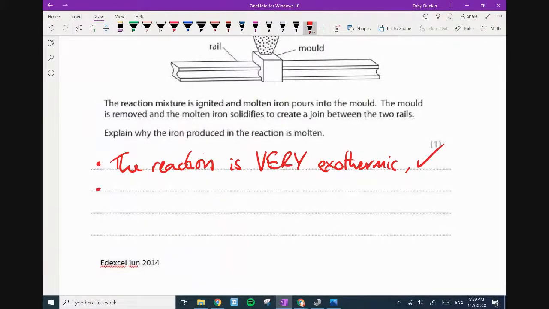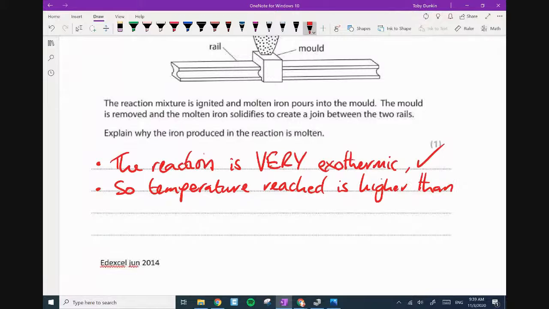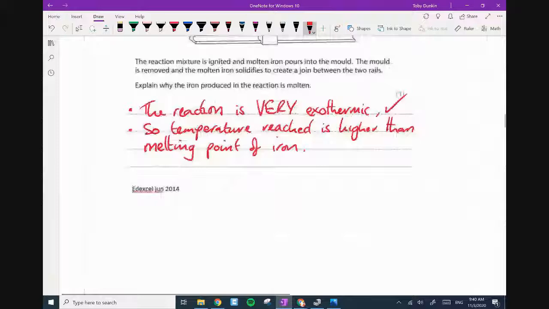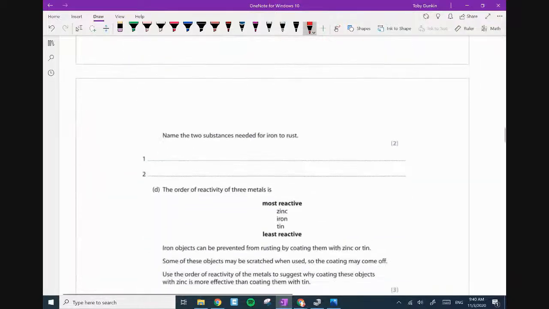I just always like to give them a little bit extra and say, so temperature reached is higher than the melting point of iron. There we go. It's just nice to put that, but the reaction is very exothermic, does give you the mark.